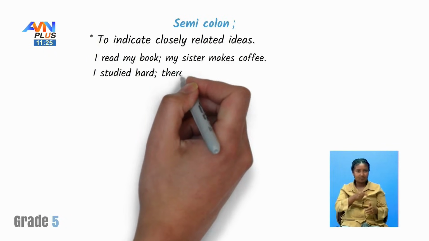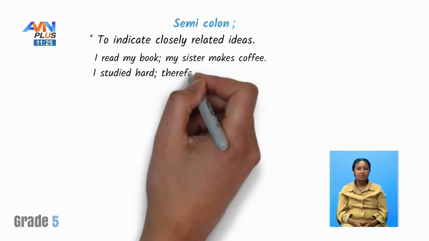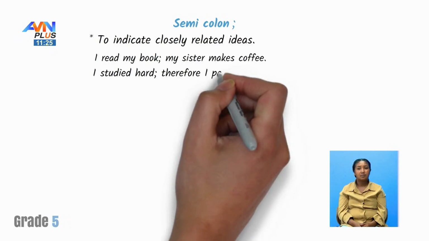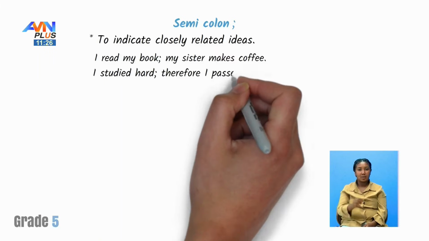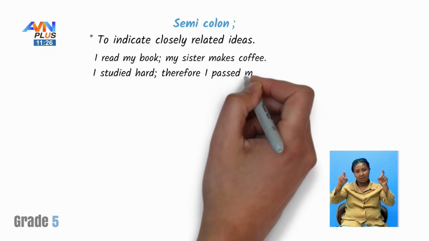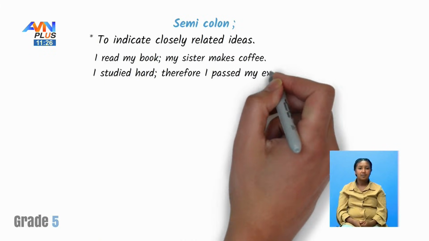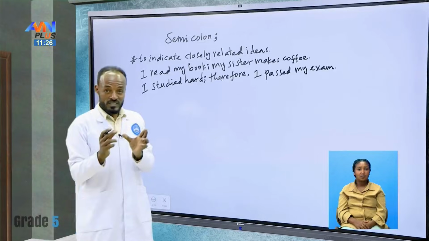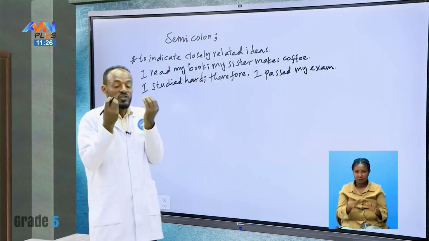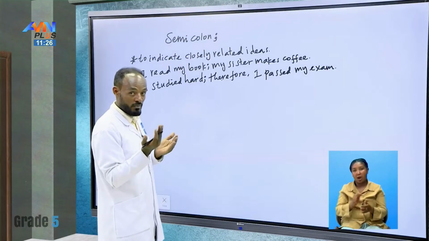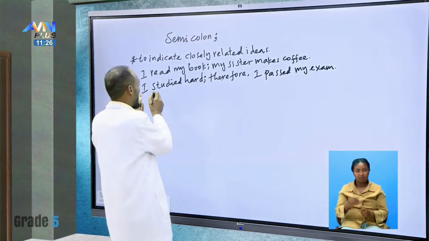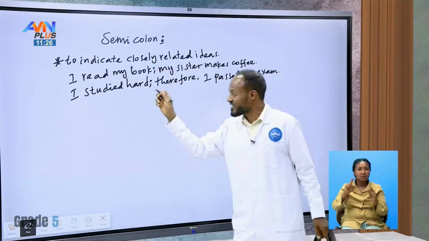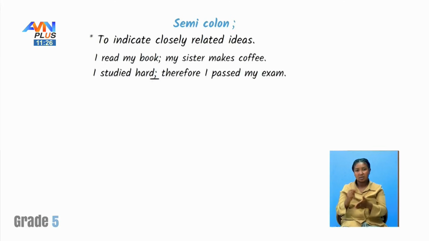I studied hard; therefore, then comma, I passed my exam. First, I studied hard. As a result, I passed my exam. Is it clear? Good. I studied hard; therefore, I passed my exam. In this sentence, here is semicolon.